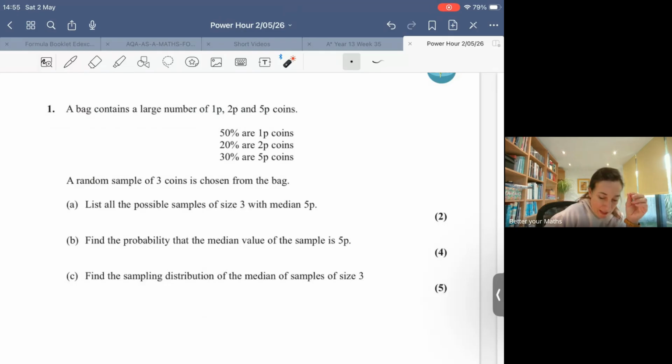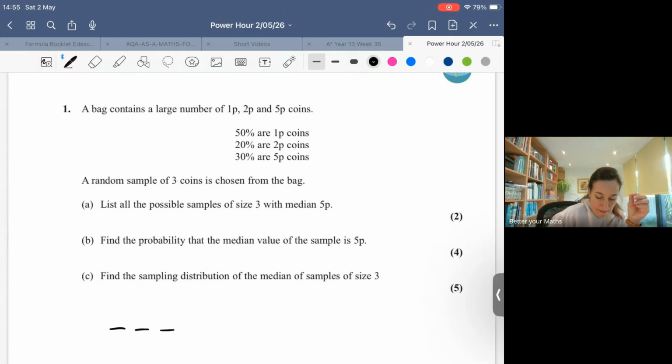So I have 3 coins every time. The median is 5, and I always have my coins in order. So if the middle number is 5, this one has to be 5 because I don't have any other options. And this one could be 1, 2, or 5. So my options are 155, 255, and 555.